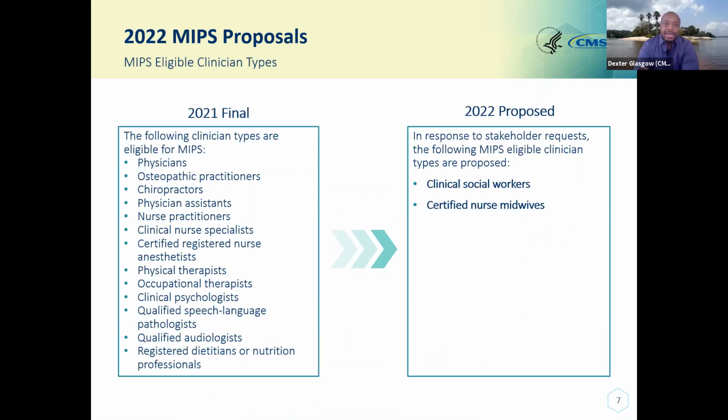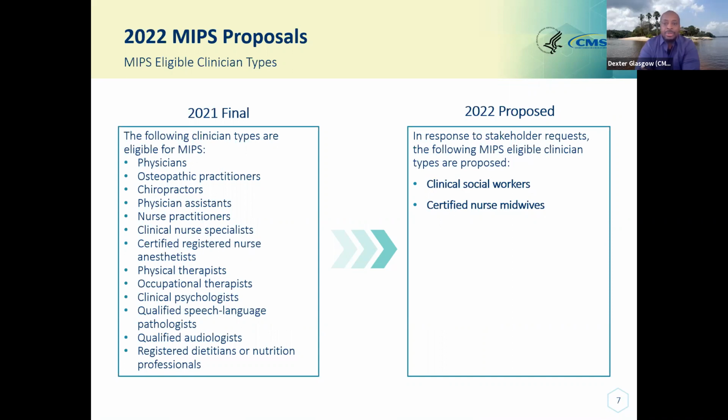Looking here at the definition of the eligible clinician types. The definition of physicians includes doctors of medicine, osteopathy, dental surgery, dental medicine, podiatry medicine, and optometry. We've proposed to expand our set of MIPS eligible clinicians to the last two clinician types that the law allows us to expand to, which includes clinical social workers and certified midwives.